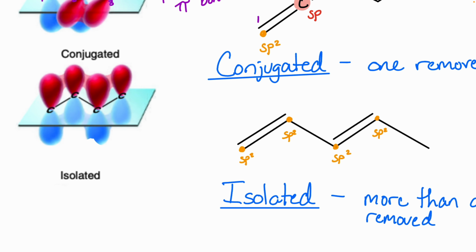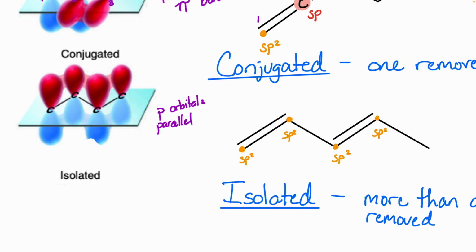So in our conjugated dienes, we have these p orbitals parallel to one another. And the chapter is conjugated dienes, right?